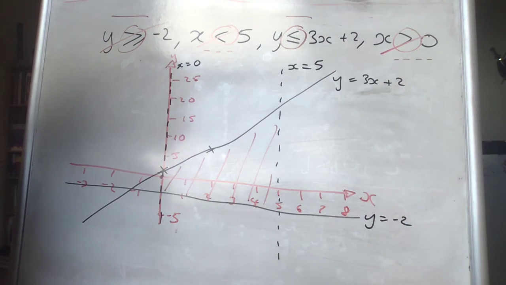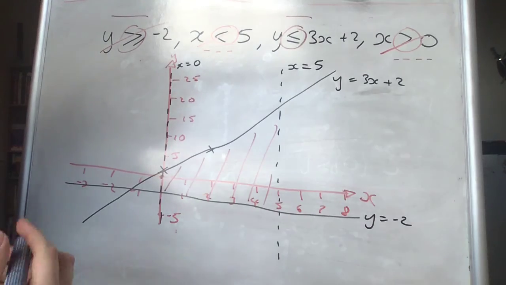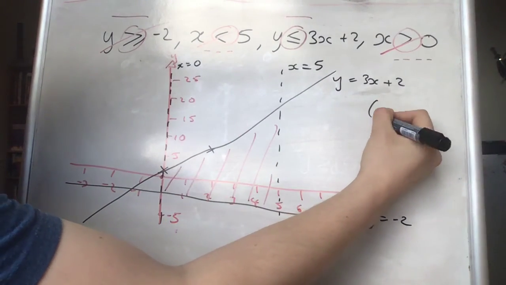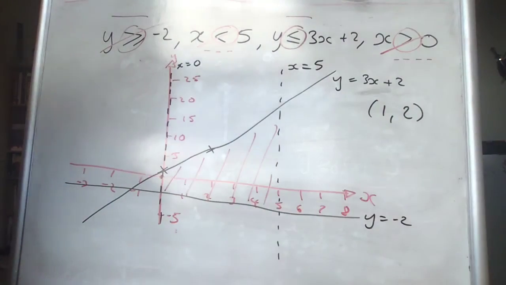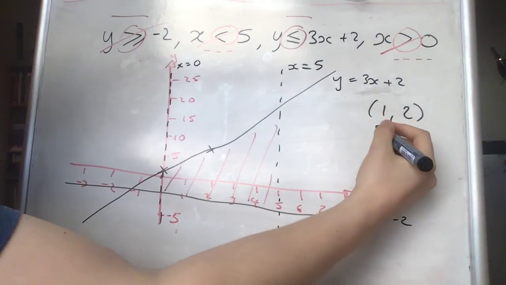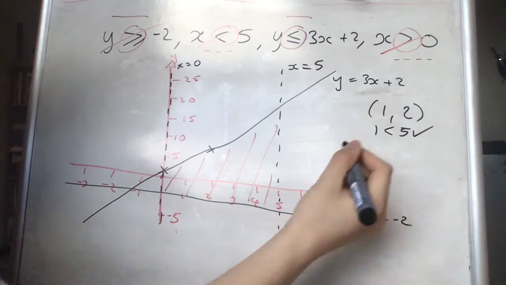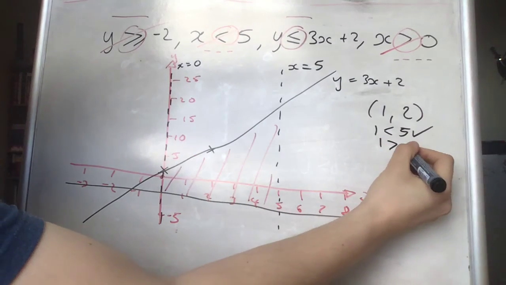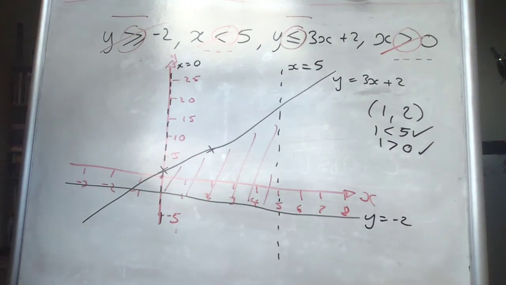And to make sure you've got the correct answer, we can now use a test point within the region. So let's try the point 1, 2, okay? So if x equals 1, it's got to satisfy everything at the top here. So is 1 less than 5? That's true. Is 1 greater than 0? That is also true. Okay, good. So the x point seems to satisfy these inequalities. How about the y?